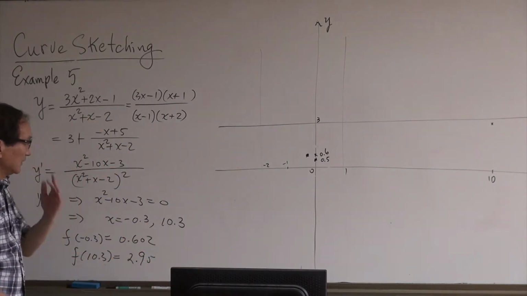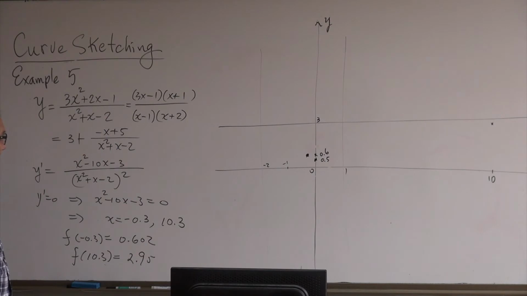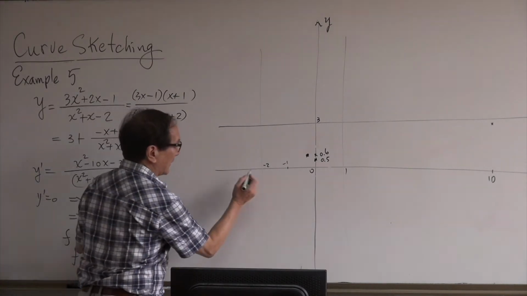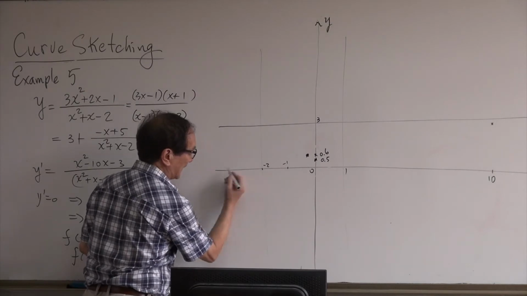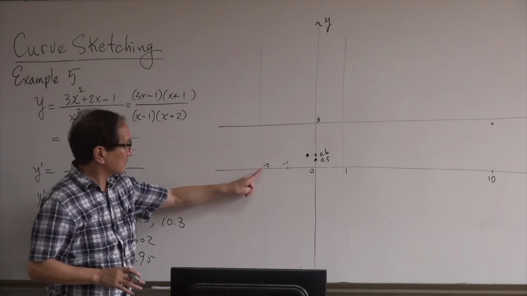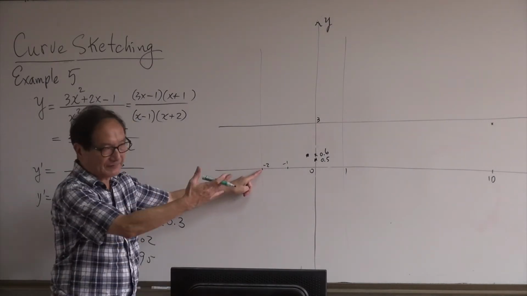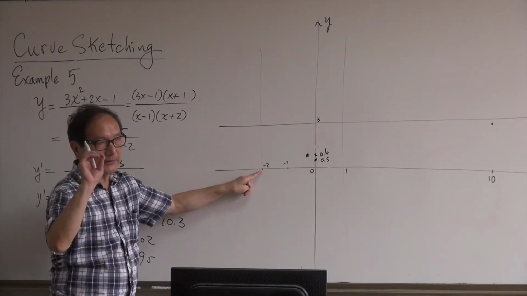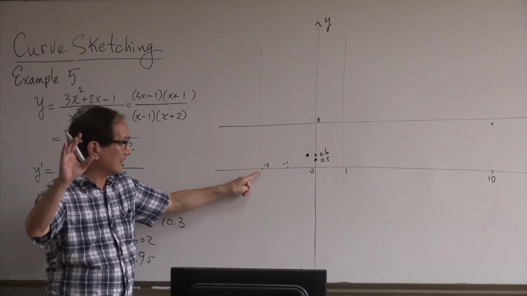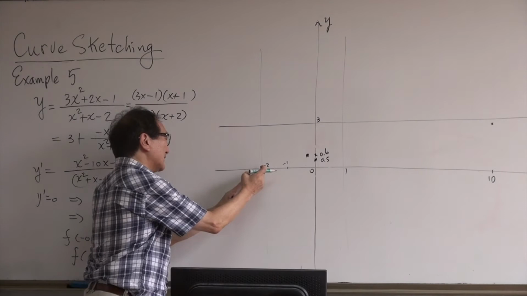Now, let's see. When x is approaching minus 2 from the left, I'll repeat again, when x is approaching this number from the left, x is like minus 2.00001, something like that. It's a little less than minus 2.